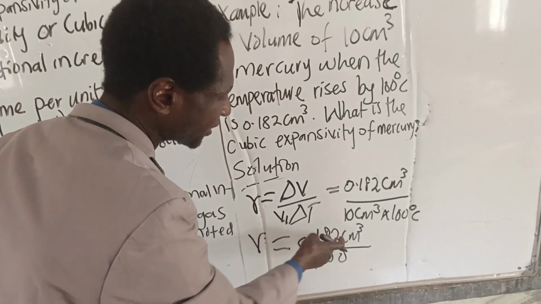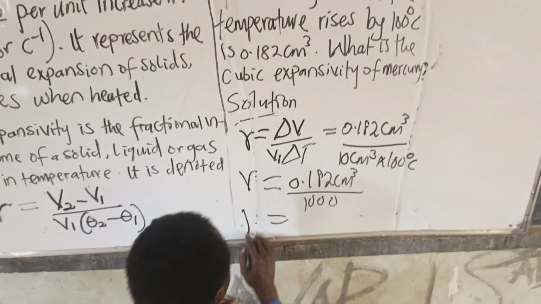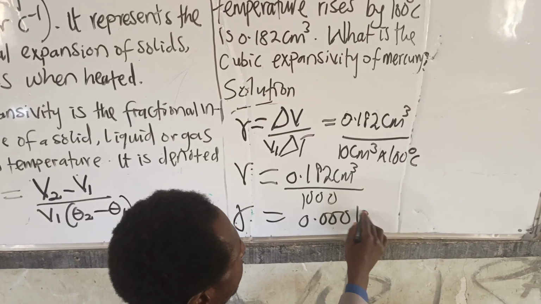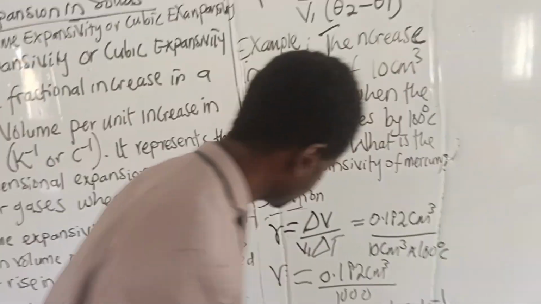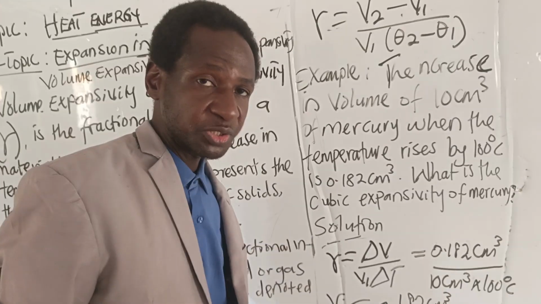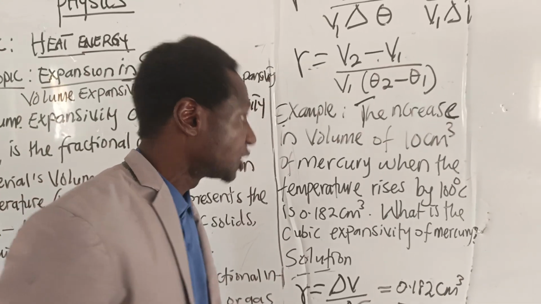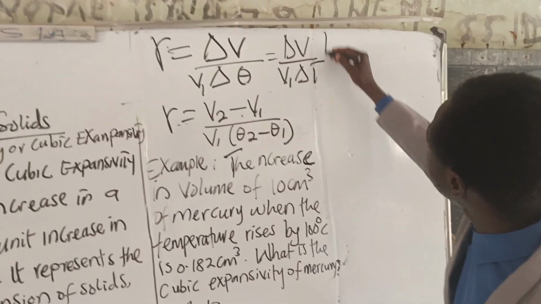This 0.182 divided by 1000 is the same thing as 0.0000182 per Kelvin, because per Kelvin is the unit of cubic or volume expansivity.